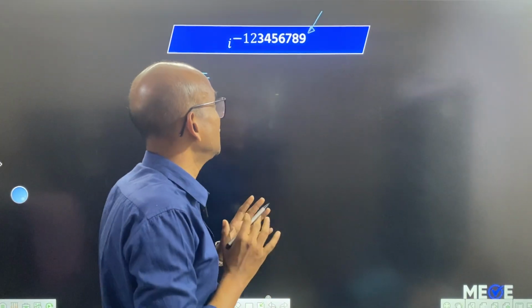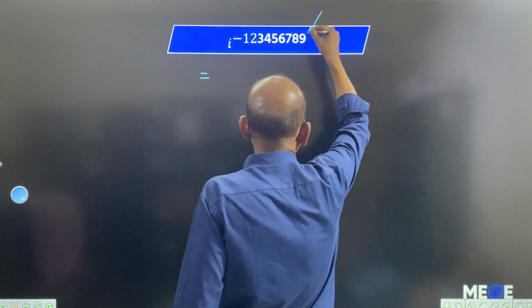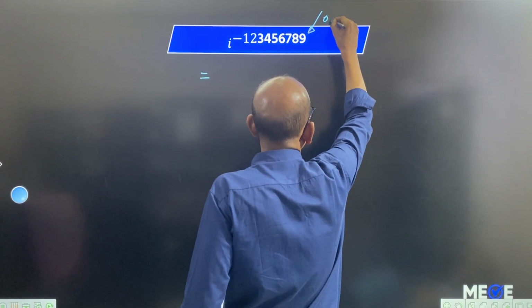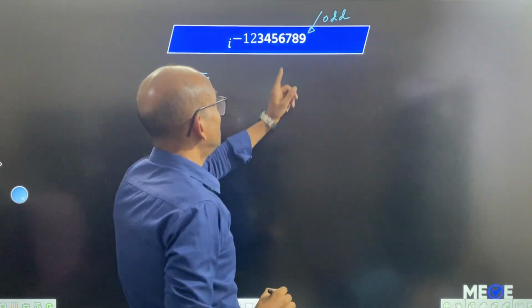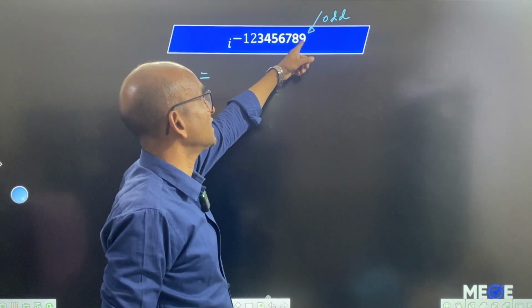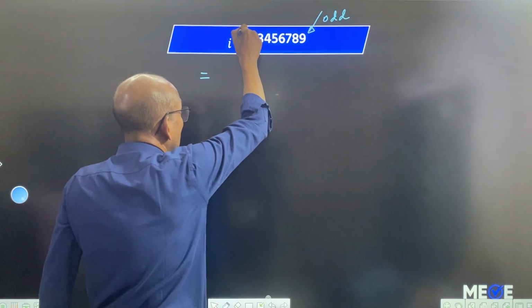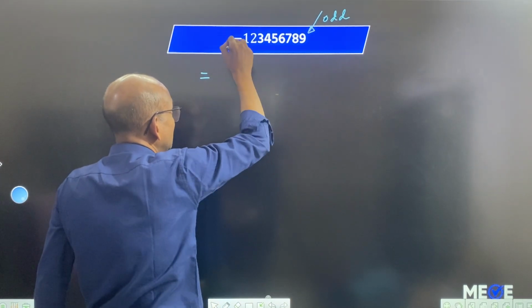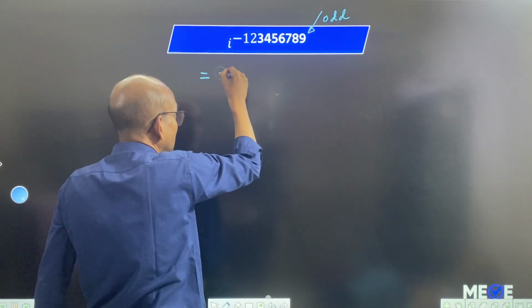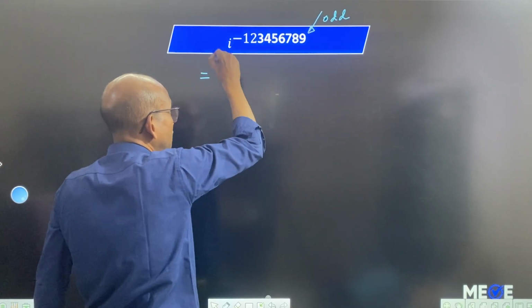I am asking you again, whether it's an odd number or an even number. This is an odd number. If the last digit is an odd number, you can easily put this negative sign in front of that I.